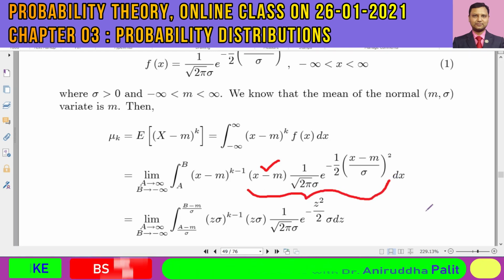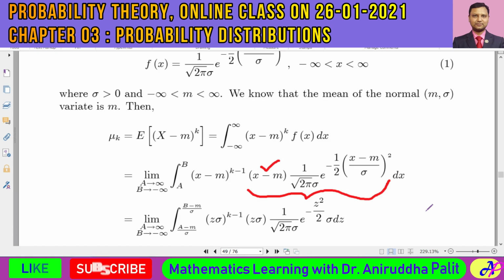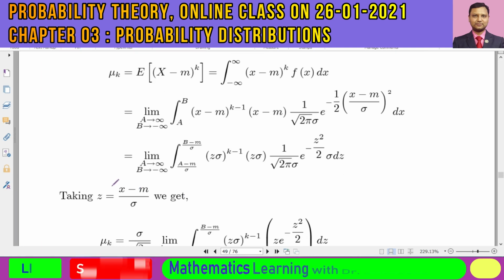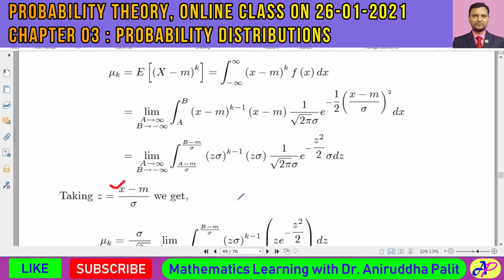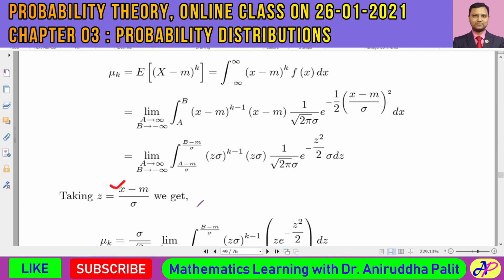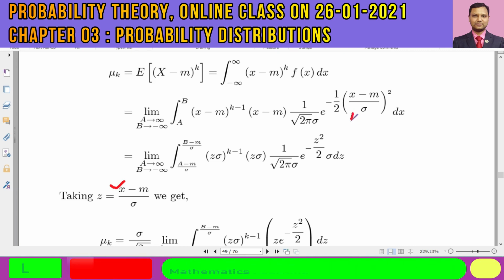And in order to integrate it, we apply a transformation: (x minus m) divided by sigma is equal to z. Got it? After taking this transformation, this expression becomes a bit easier.